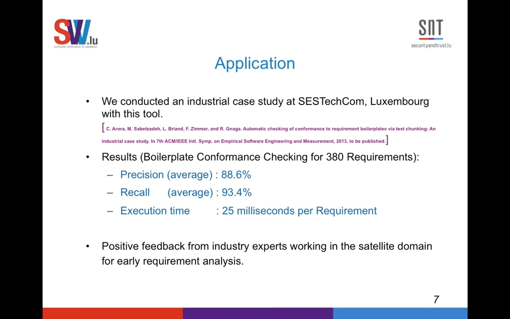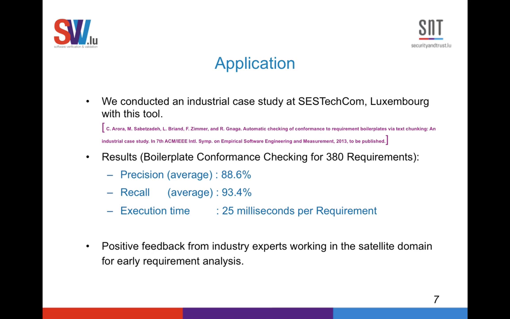Now I'll describe results from an industrial application of the RUBRIC tool. We conducted an industrial case study at SCS TechCom with this tool to check results for boilerplate conformance checking. This is the citation of the conference paper for this case study, and you can download this paper from the link provided at the end of this presentation.